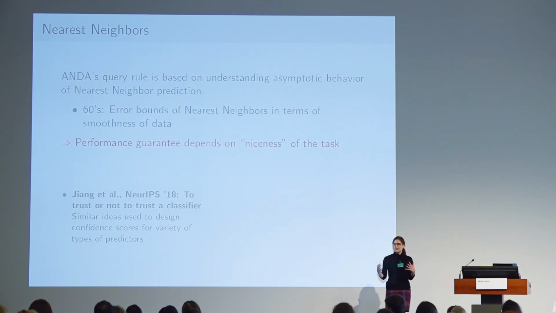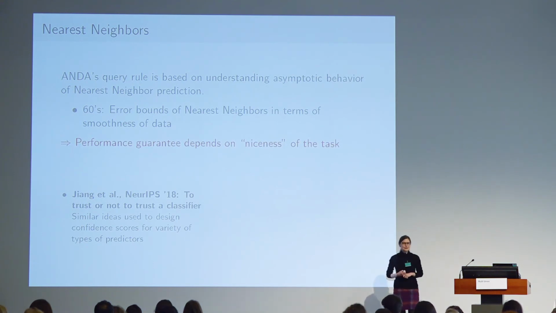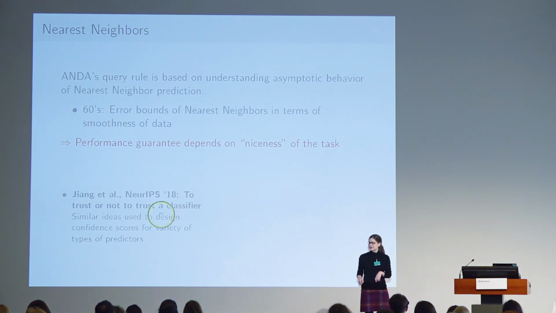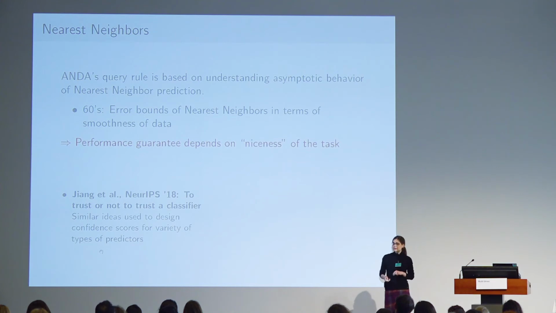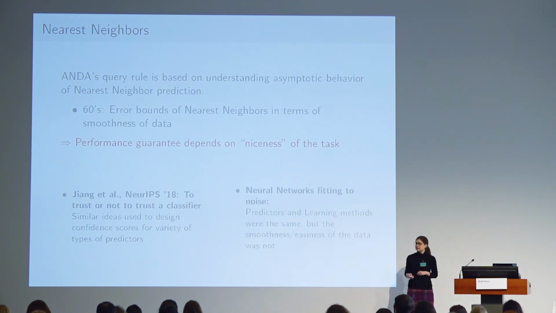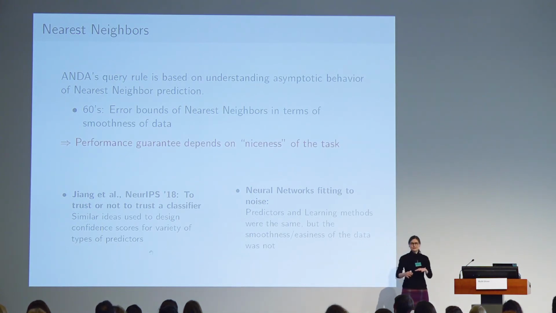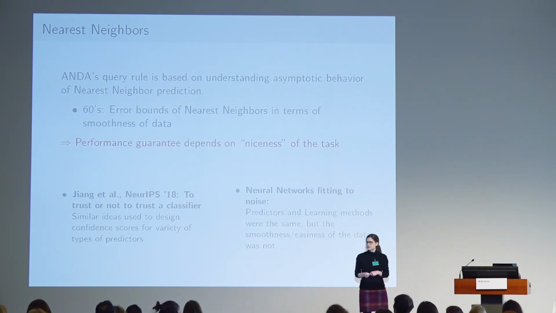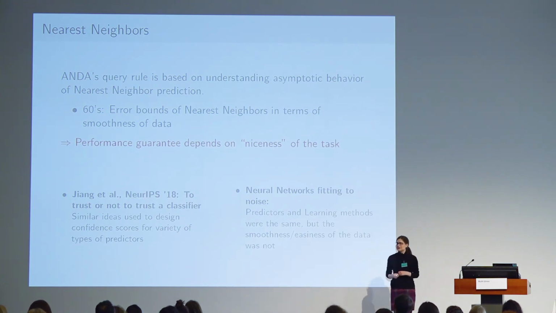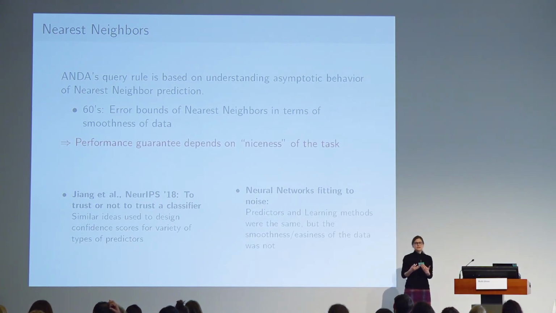And then just two side comments. Very similar rules have very recently also been used to get confidence scores for lots of other types of predictors. You can say, well, this was just for nearest neighbor prediction, how is that relevant? And if we now look back at this problem of neural networks having huge capacity, being able to fit random noise, maybe a similar thing was going on here, right?